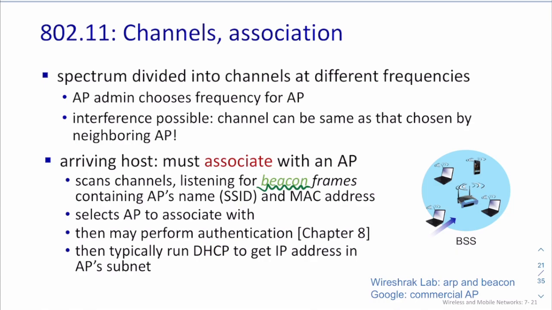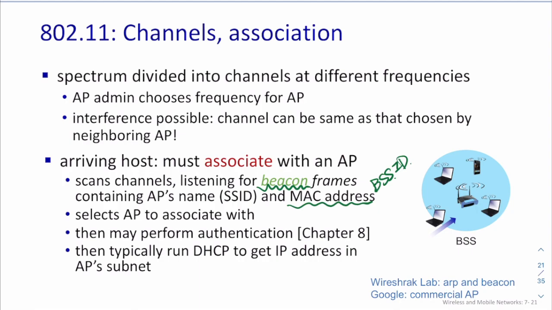So when the newly arriving host enters a BSS, it will scan all the channels, and eventually it will receive the beacon frame from the access point. The beacon frame contains the AP's name, which is called SSID, and the MAC address. The MAC address right here, we usually have another terminology called BSSID, the basic service set identifier, right?